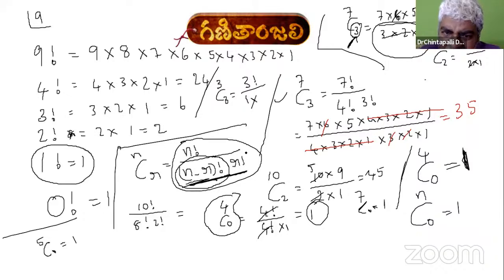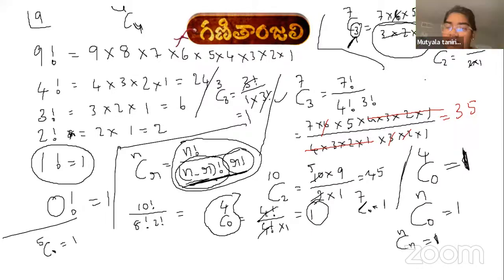Next, r factorial is 3 factorial, 3 times 2 times 1. 3 times 2 times 1 by 3 times 2 times 1 is equal to 1. So 3C3 is equal to 1. 4C4 is equal to 1, 10C10 is equal to 1. NCN is equal to 1. Okay, next, another case.